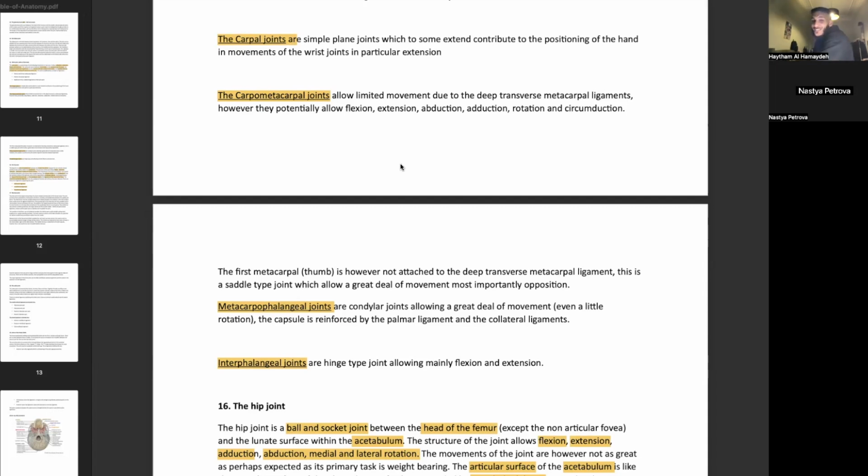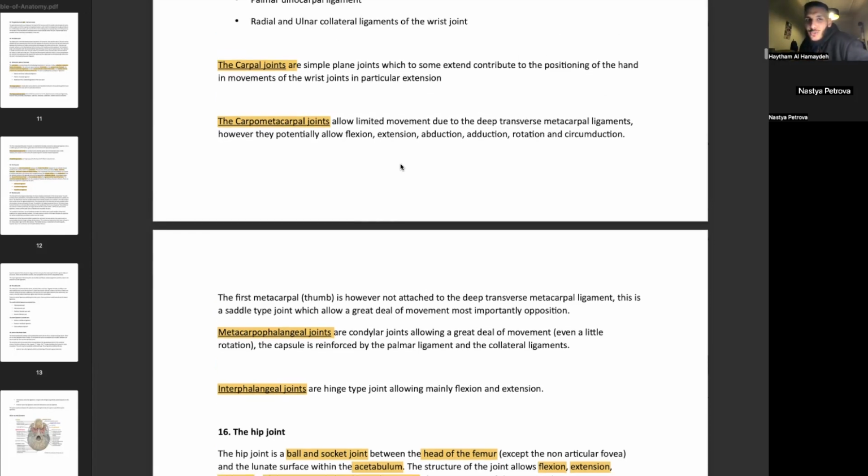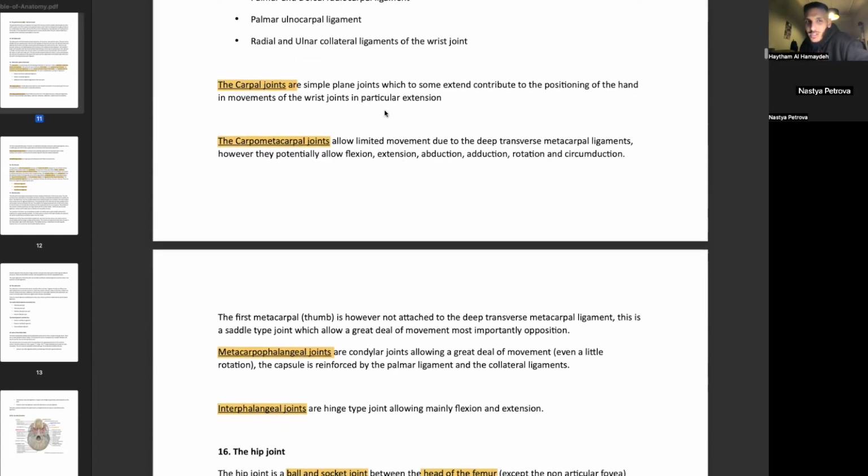This is why anatomy is hard. However, it's interesting. It might take all of your brain cells, but once you know it, it's easy. So write with me. We'll go through the bones of the hand, writing the specifics of them, and then I will leave you to read a little bit.